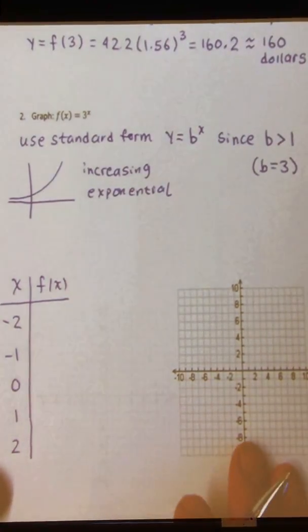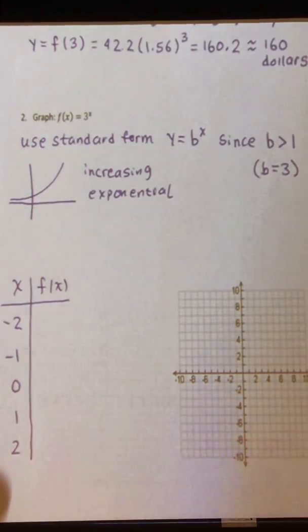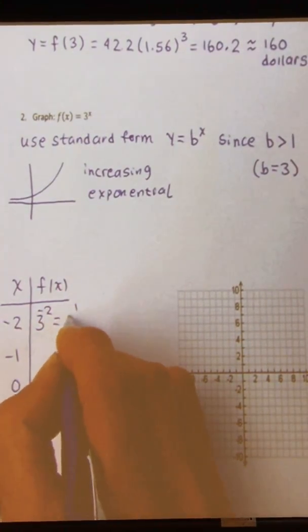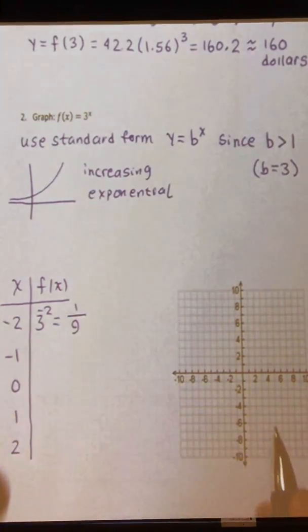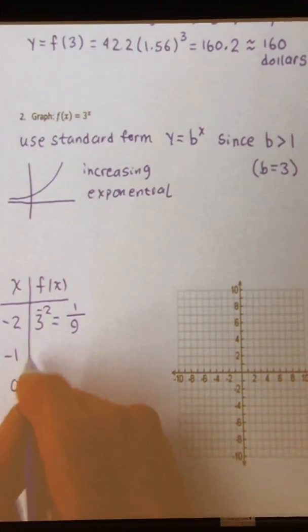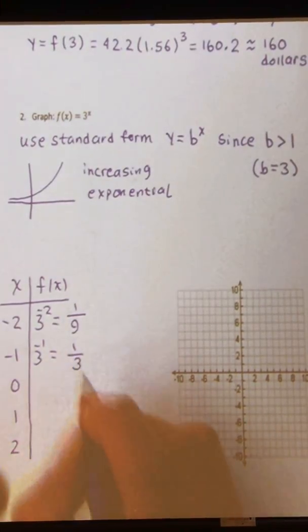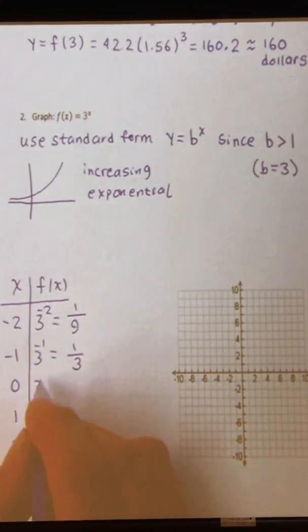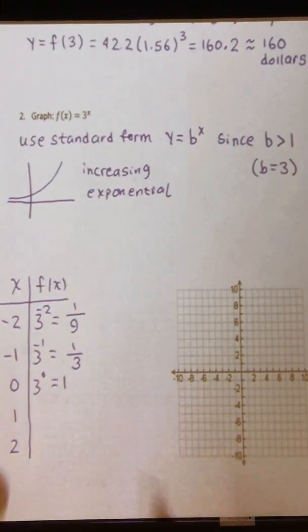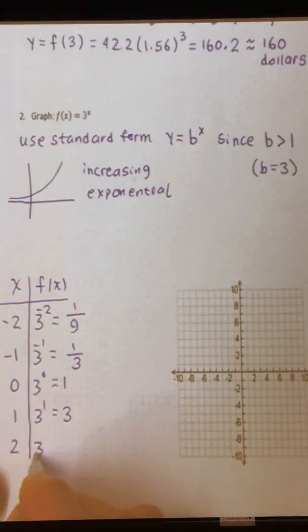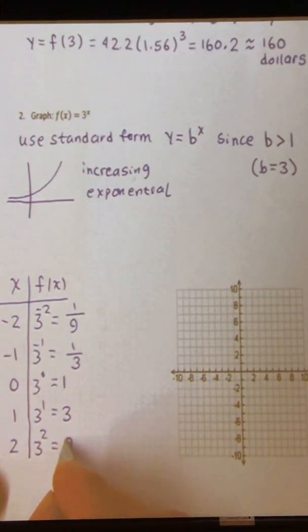And to obtain the y coordinates, we'll take 3 to the power of x. So 3 to the -2 becomes 1 over 3 squared, or 1/9. At -1, we have 3 to the -1 power, or 1 over 3 to the first power, which is 1/3. 3 to the 0 is 1. 3 to the first power is 3, and 3 to the second power is 9.